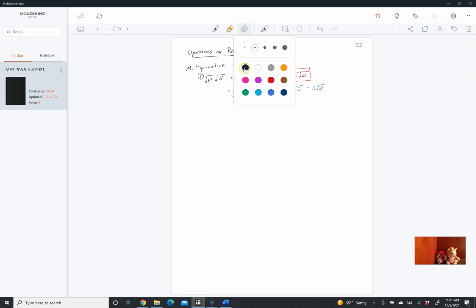Let's do a second one. If we have the square root of 6 times the square root of 3, we can multiply these and we get the square root of 18.